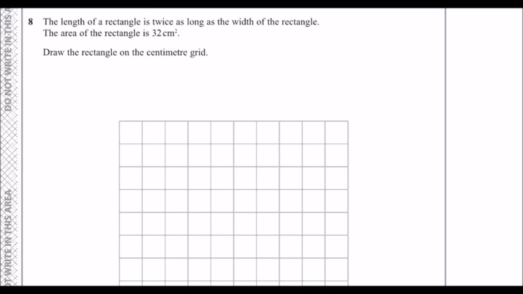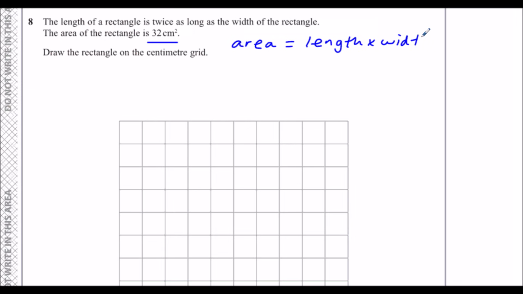Question 8. The length of a rectangle is twice as long as the width of a rectangle. The area of the rectangle is 32 centimeters squared. Draw the rectangle on the centimeter grid. So the area is 32, and area is equal to length times width.